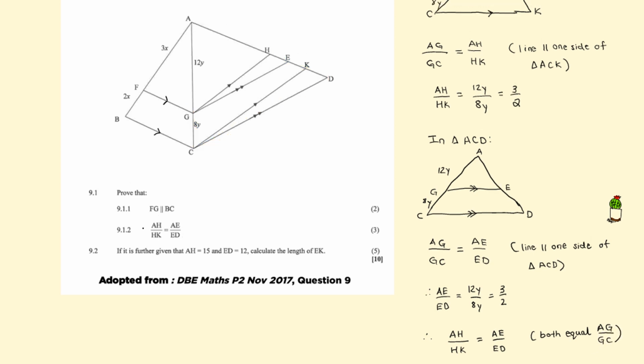Okay, now in question 9.2 they say it is further given that AH is equal to 15 and ED is equal to 12. You need to calculate the length this time of EK, right?